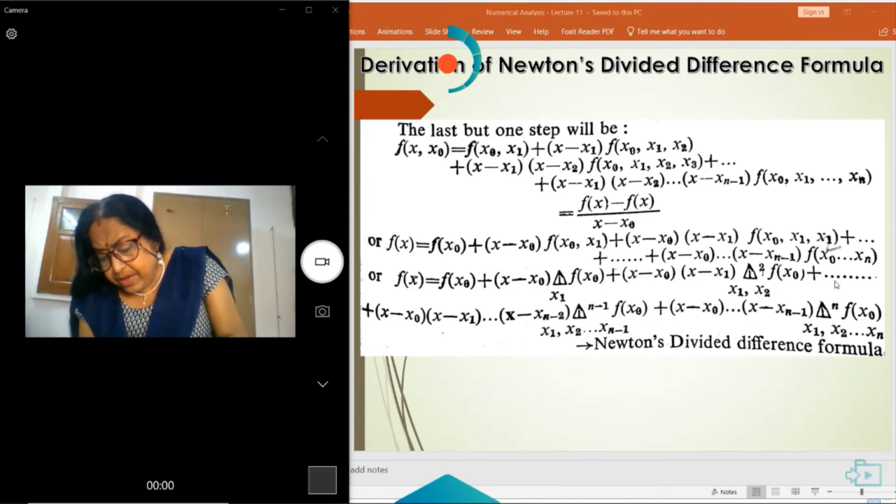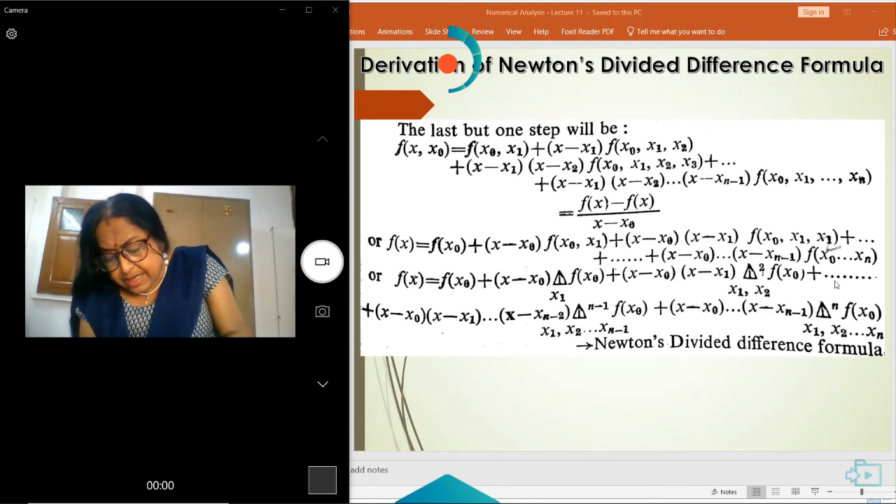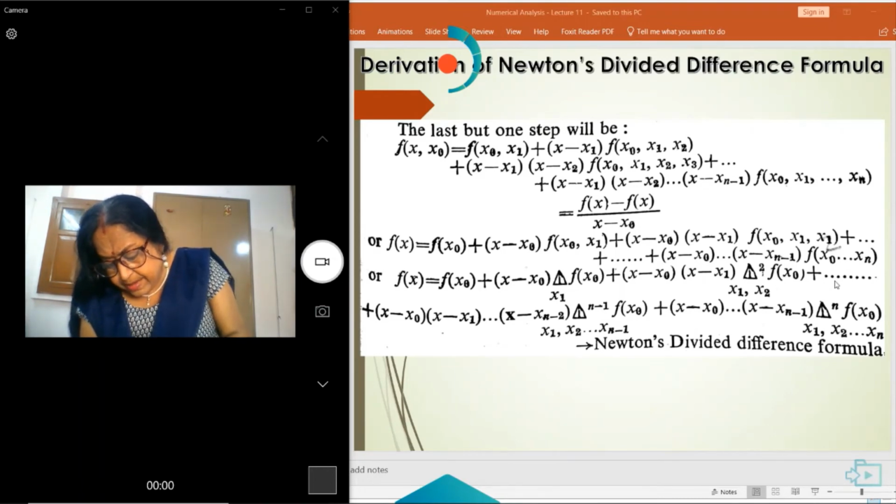Now on the left hand side we have the value f(x, x0), which can be written as (f(x) minus f(x0)) divided by (x minus x0). When we multiply on the right hand side, this can be written as f(x) is equal to f(x0) plus (x minus x0) f(x0, x1) plus (x minus x0)(x minus x1) f(x0, x1, x2), and so on. Here x means the value which we have to find, x0 is the first value and the corresponding entry value is f(x0).